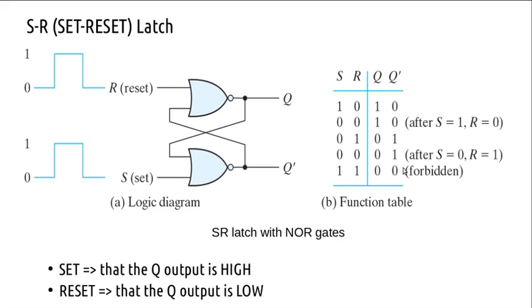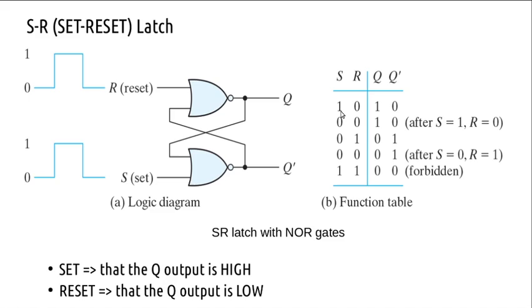When both inputs are 0, the output of this NOR gate is going to be high, right? So you will call it a set when the Q output is high, and a reset when the Q output is 0. That is the way you define this.